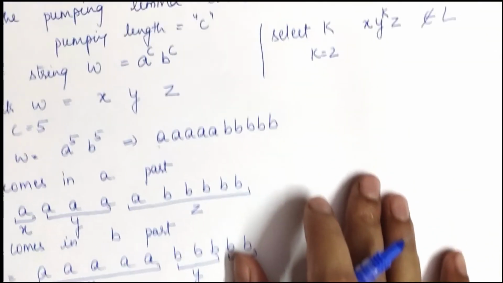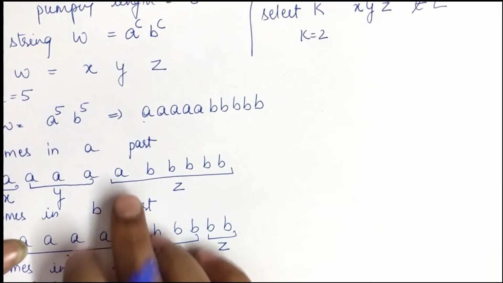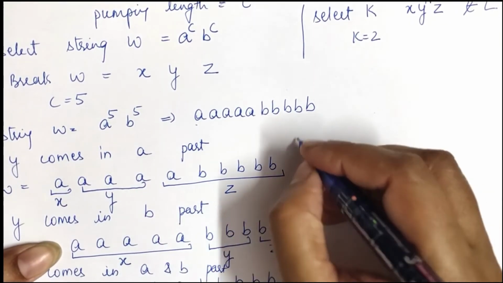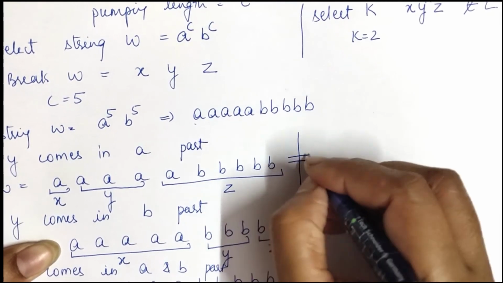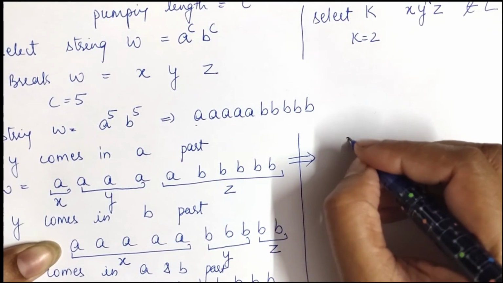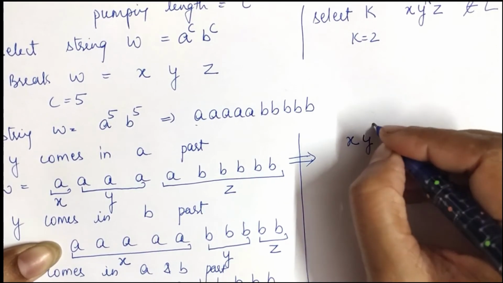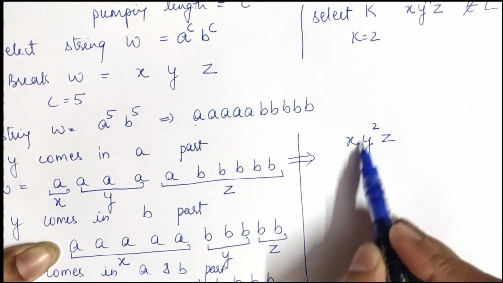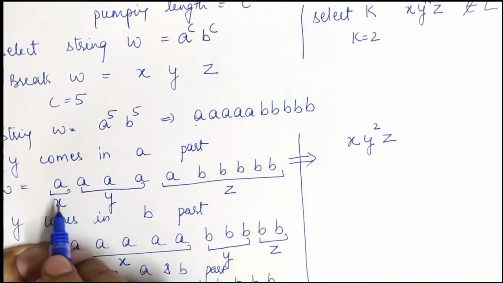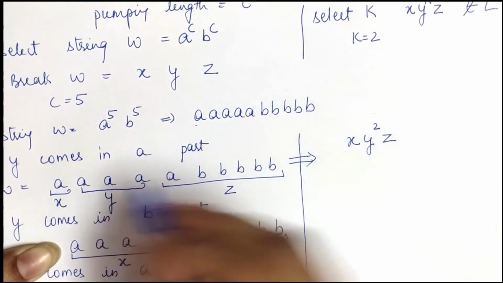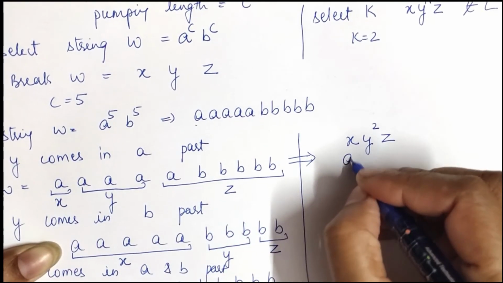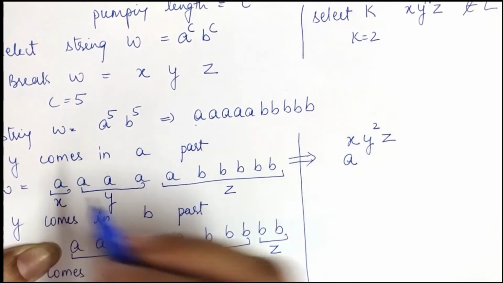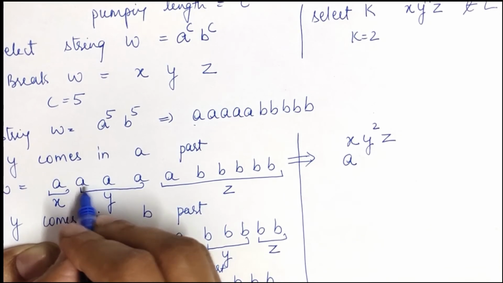Check for the first case in which y comes in the a part. Now for this case the string becomes x, y to the power 2, and z. This means y is encountered 2 times. Here x is a, and y encountered 2 times, so for one y we have 3 times a.